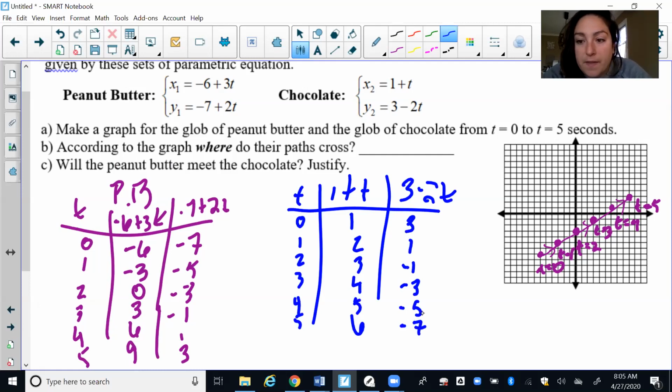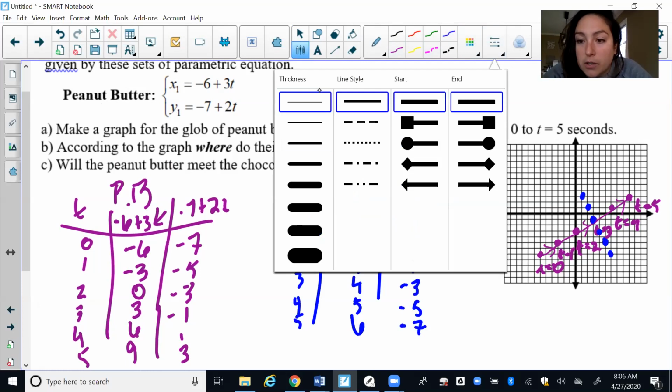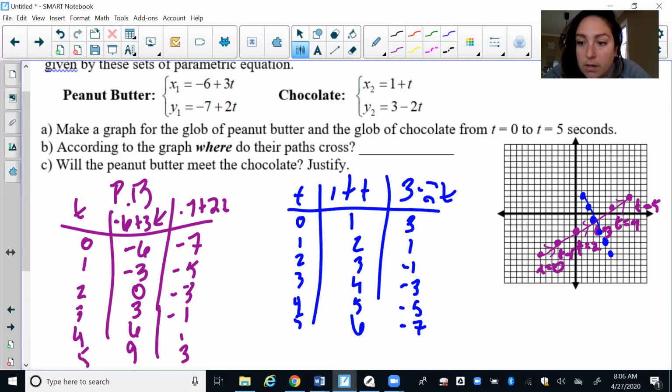So we graph that, and we have 1, 3, then 2, 1, 3, -1, 4, -3, 5, -5, and 6, -7.